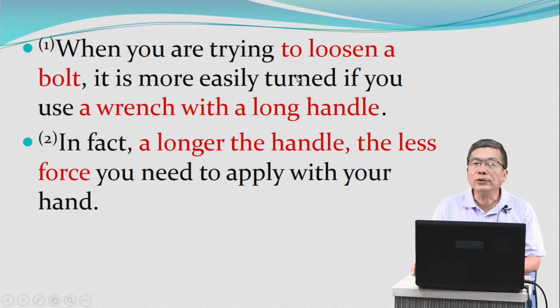When you're trying to loosen a bolt, it is more easily turned if you use a wrench with a long handle. In fact, the longer the handle, the less force you need to apply with your hand.